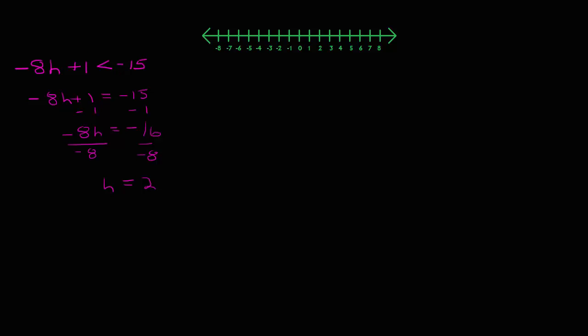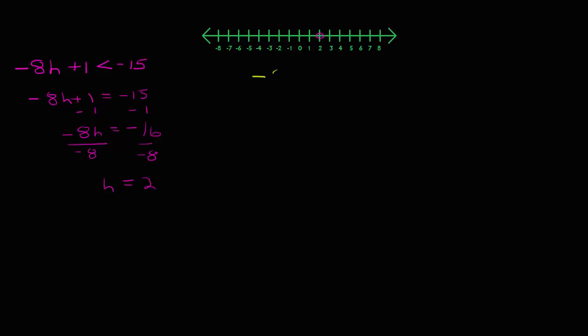So we end up with an open circle at the number 2. The reason we are open this time instead of closed is because we are strictly less than. So the number 2 is not going to be part of our solution. Once again, we're going to pick a number and see if it works or not. I'm going to pick the number 0 this time. So I'm going to plug 0 into the original inequality.